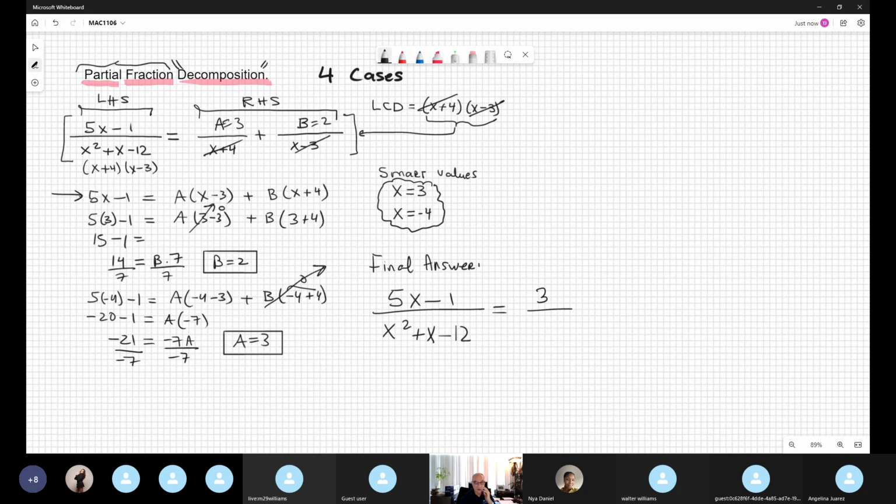So it's 3 over x plus 4 plus 2 over x minus 3. Bang! And this is algebraically equivalent, 100%.